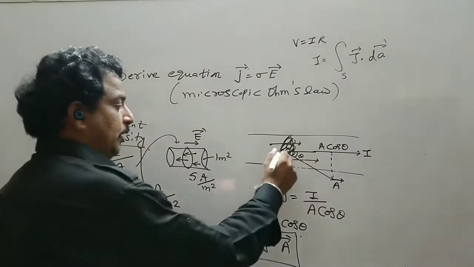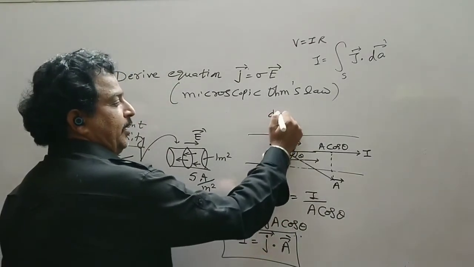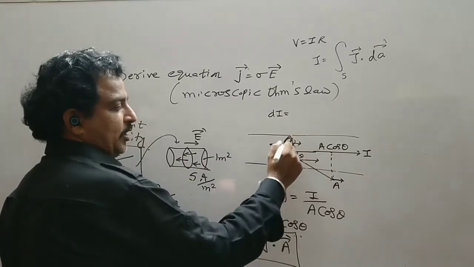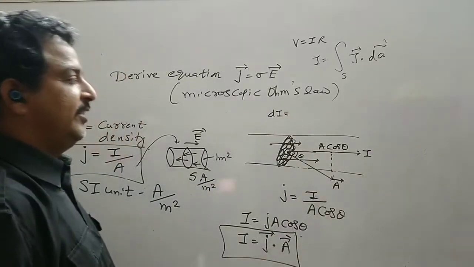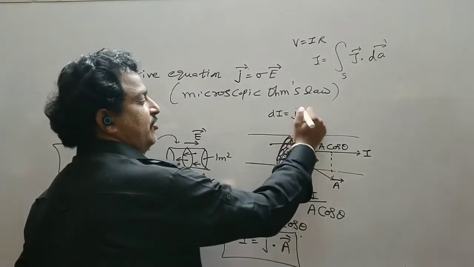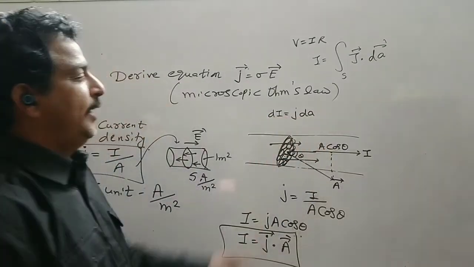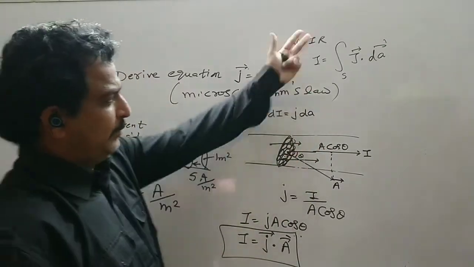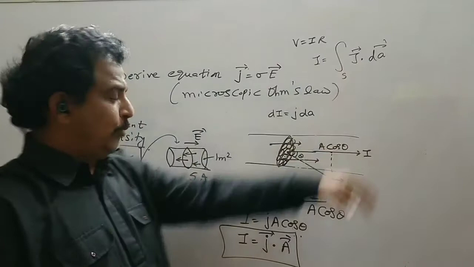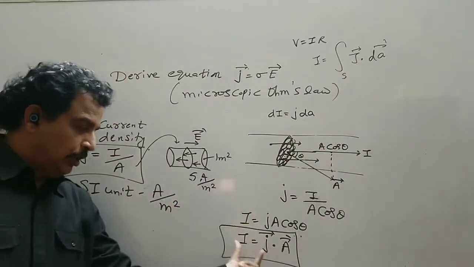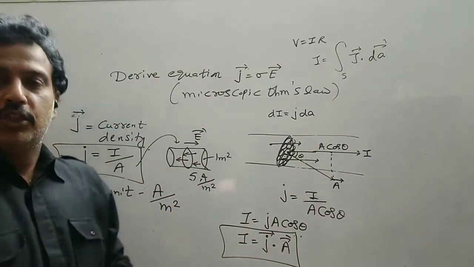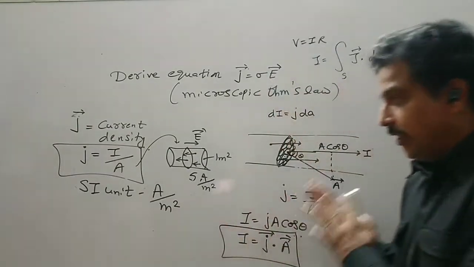So we first find the current through a small area element, that is dI. So it will be written as J dot dA. Then I do its integration. Sometimes we use a capital J symbol, or in some books we denote it by a small j. So this is the current density.